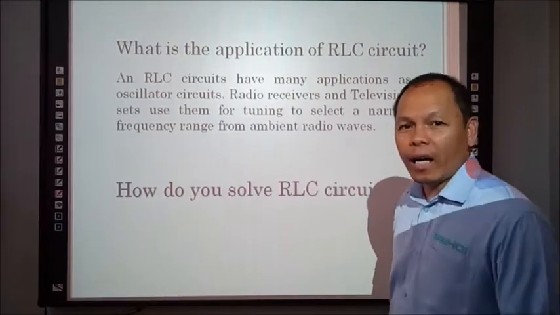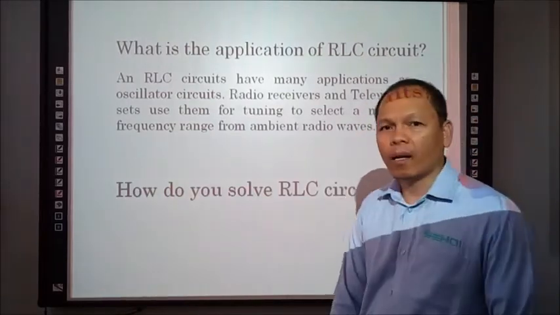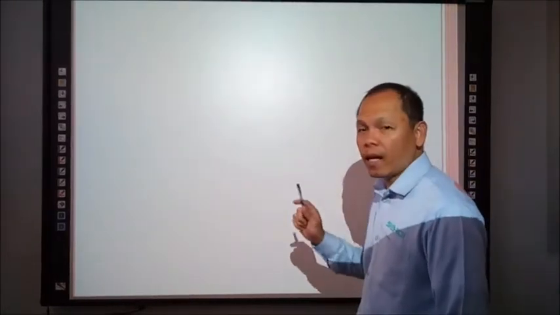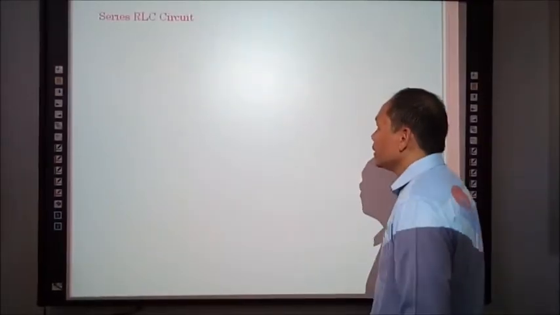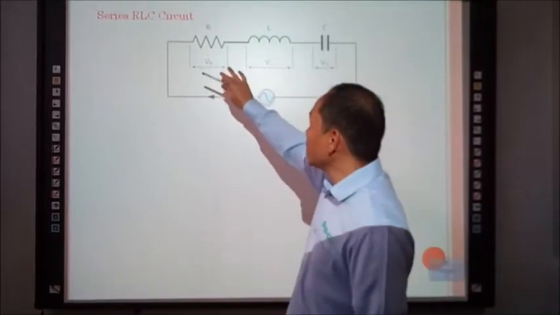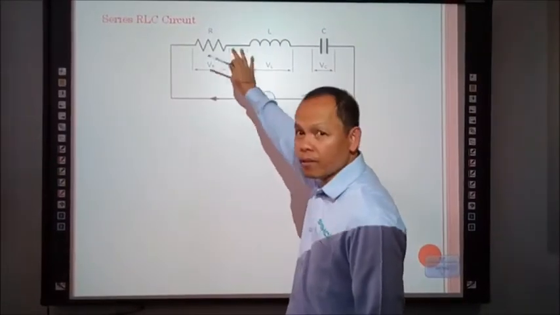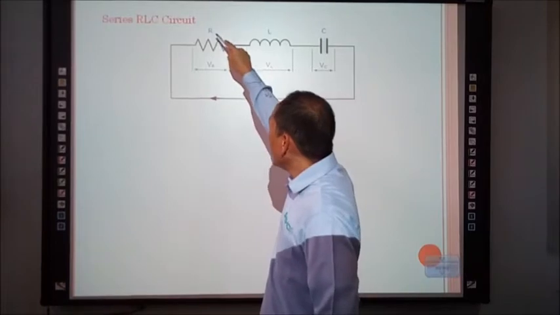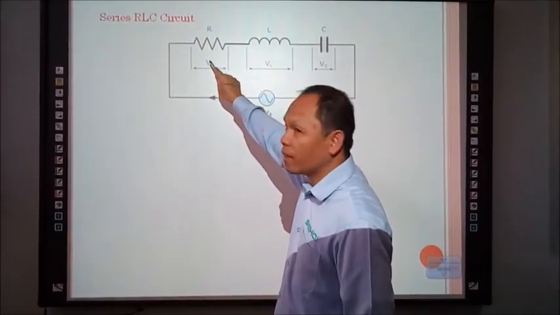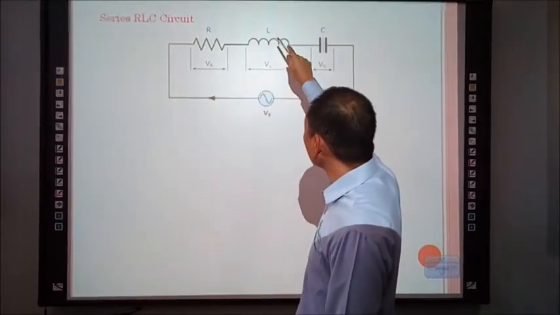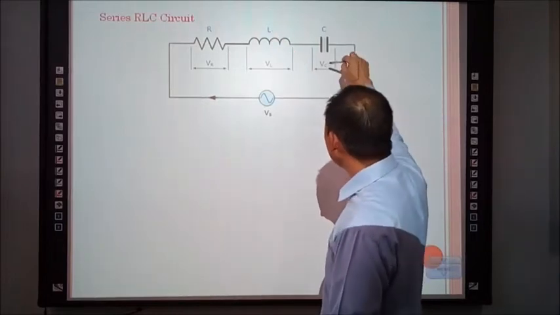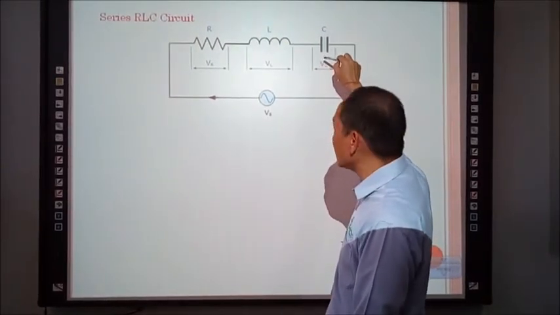Now, how do you solve an RLC circuit? Let's start with a series RLC circuit. As you can see on the picture, you can solve for the voltage in the resistor, the voltage of the inductor, and also the capacitor voltage.